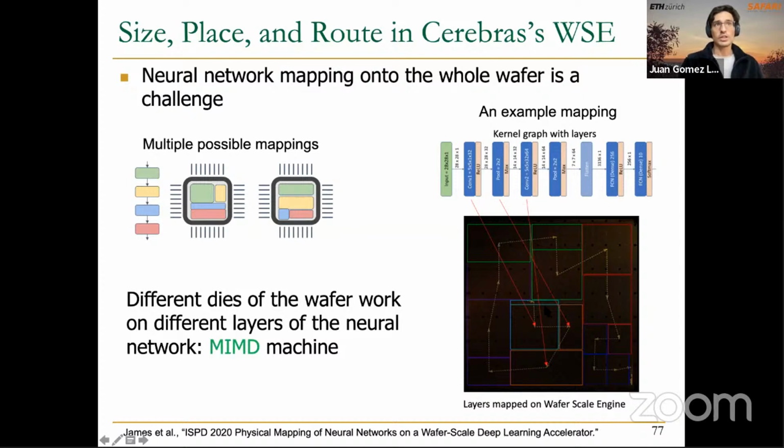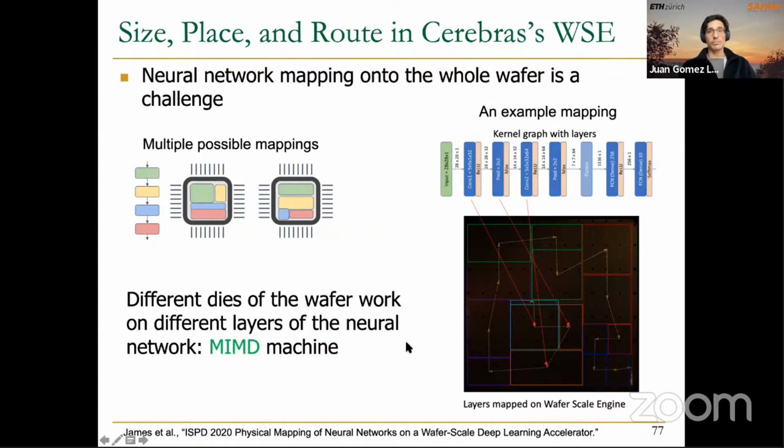So as you can already see here, we will have different processors on the same die, performing different operations, right? Because in the end, these different regions of the wafer are working on different layers of the neural network.